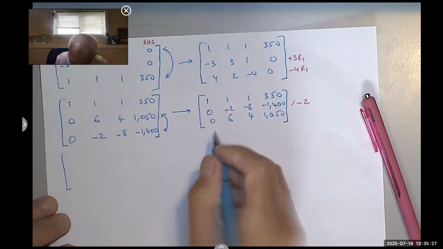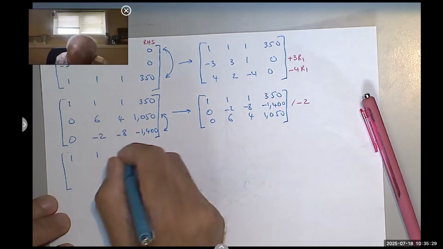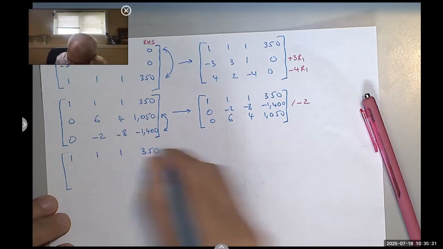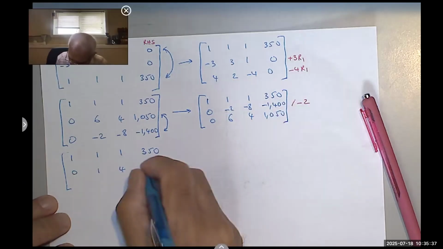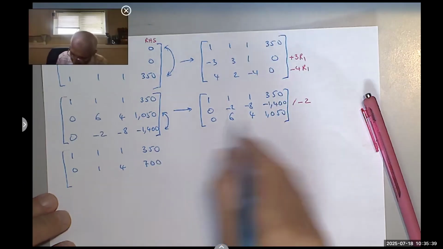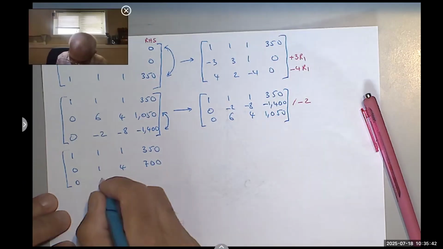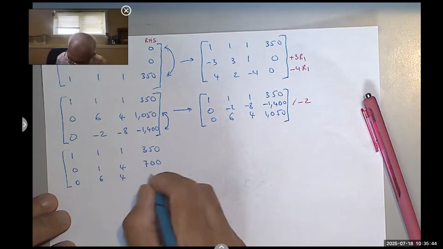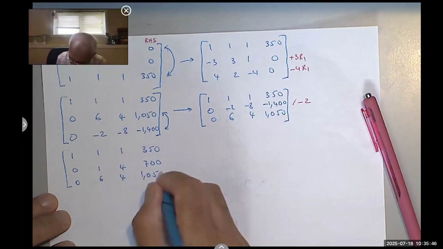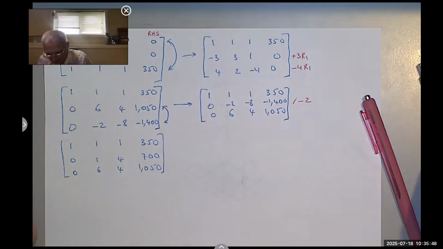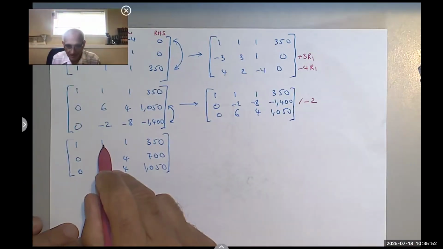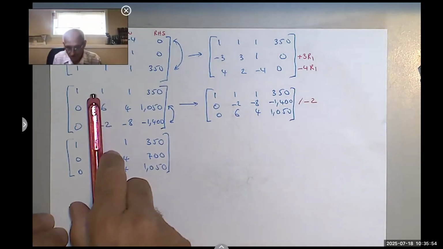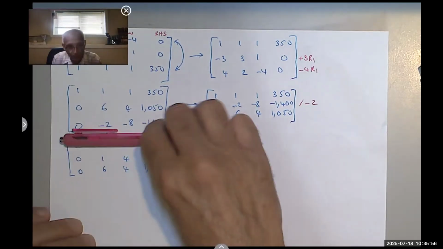So now what I have is 1, 1, 1, 350. Then 0, and when you divide by negative 2, you get 1. By negative 2, you get 4. By negative 2, you get 700. And then this stays the same. Now, in order to get rid of this one, notice I am in the second column, so I have to add or subtract multiples of row 2.